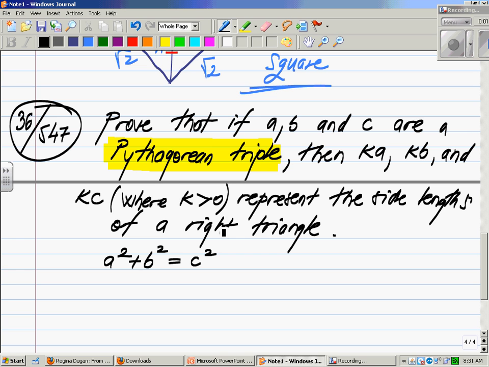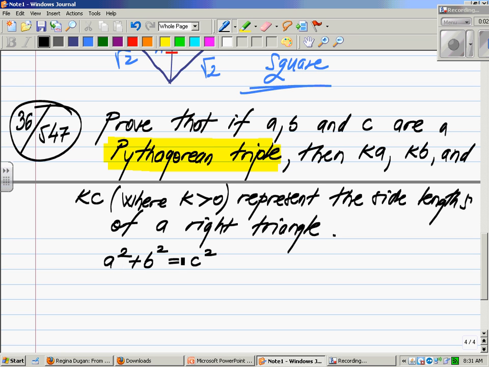And you know what? We have to show that Ka, Kb, and Kc represent the side lengths of a right triangle. Well, basically that they are also a Pythagorean triple, because the Pythagorean triple will represent the side lengths of a right triangle by the converse of the Pythagoras theorem.